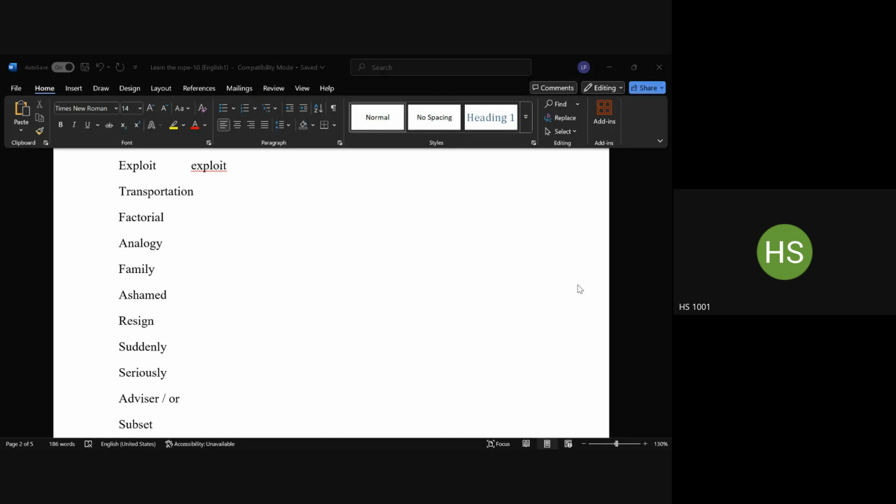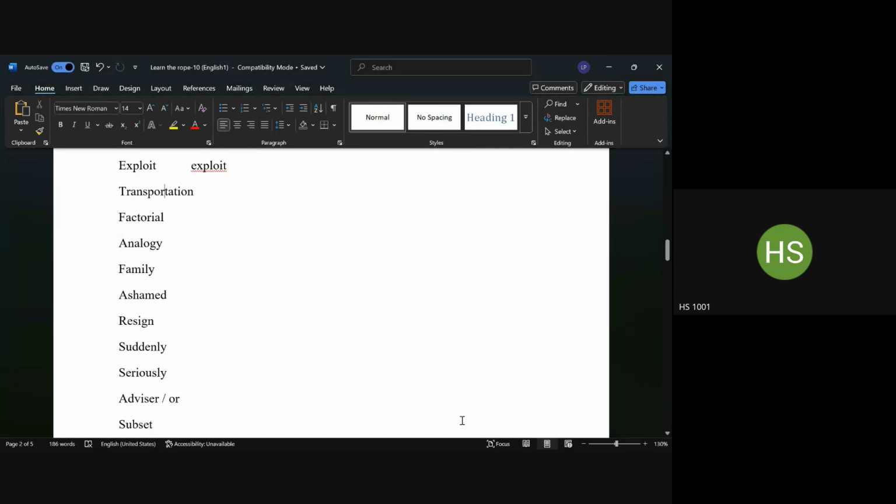So graphy, logy, ICAL, ABLE, ARY, CIAN as in technician, electrician, then CIAL as in provincial. These are again the kind of suffixes which take the stress on the penultimate syllable. So here, where will it be in that case? Analogy, on the second one, right? That is correct.